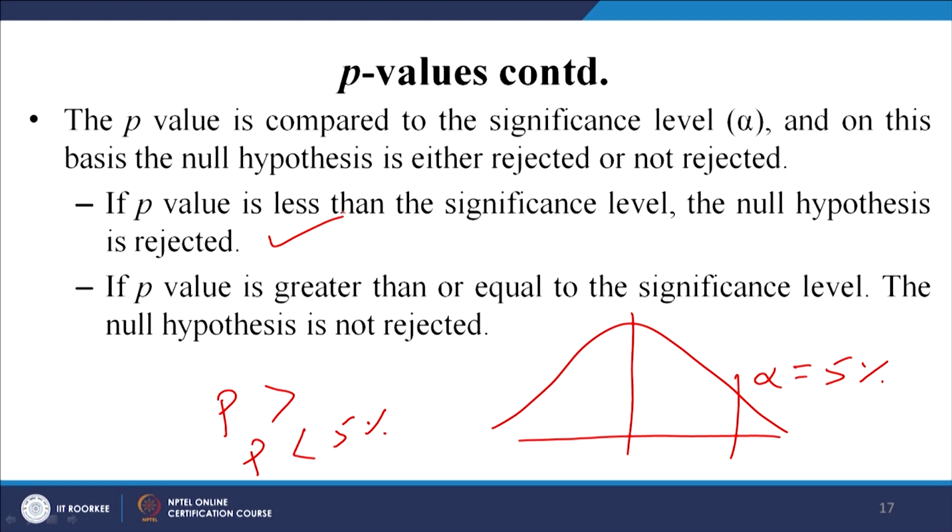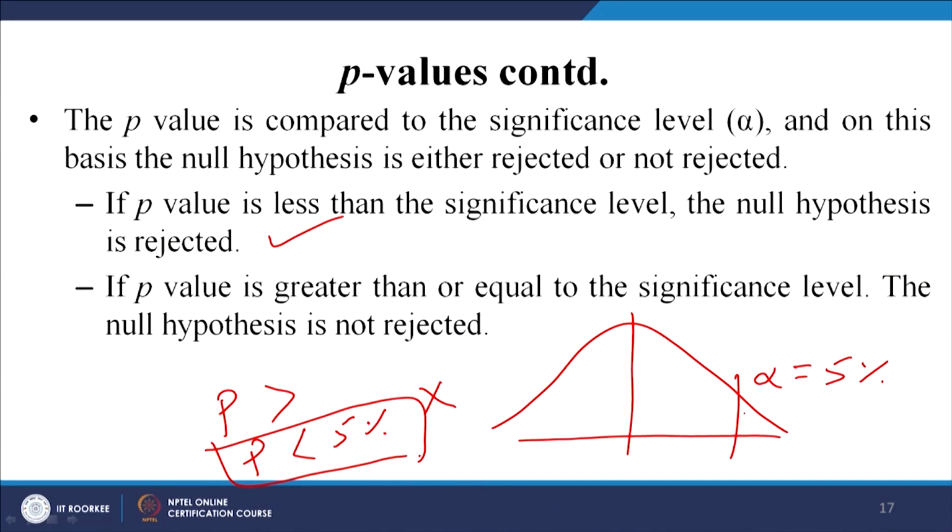You are rejecting it because the probability of occurrence at the extreme ends is less than whatever significance level I have taken. So I am rejecting my null, which says that there is no difference, no change, and accepting the alternate, which says that there is a change, there is a difference.